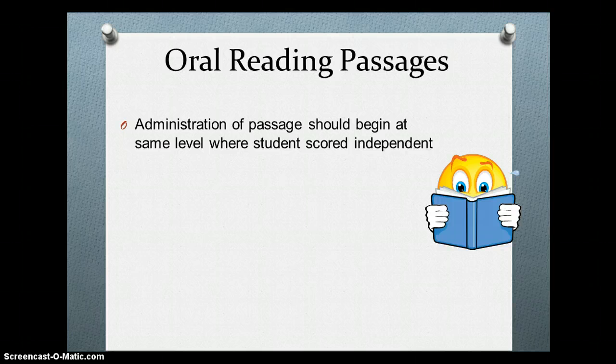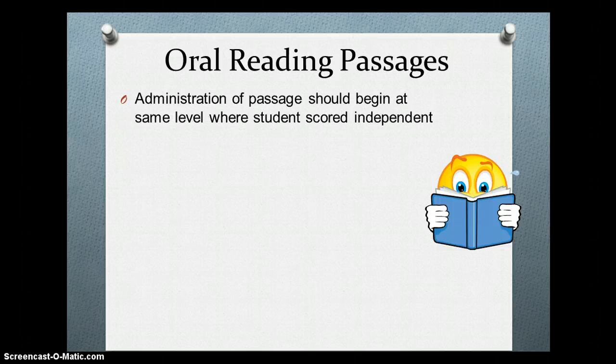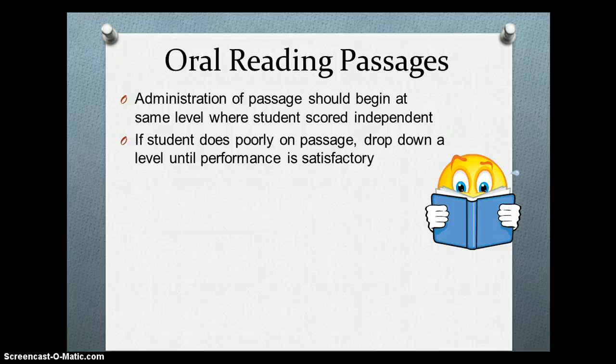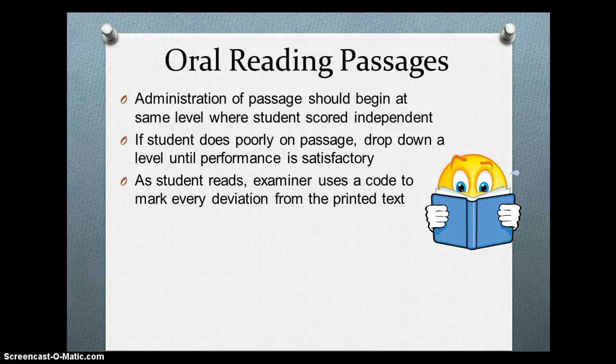All right, as far as the oral reading passages go, administration of the passage should begin at the same level where the student scored independent on the word list. If the student does poorly on the passage, you want to drop down a level until performance is satisfactory.